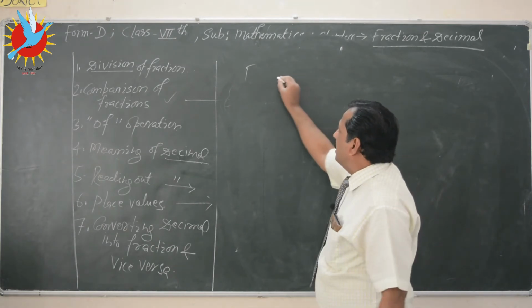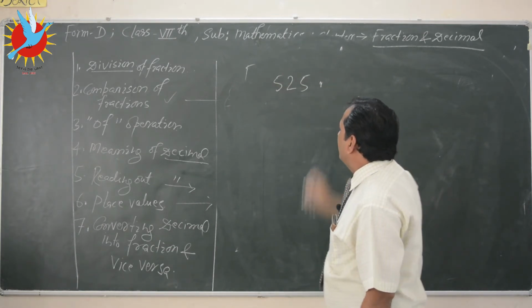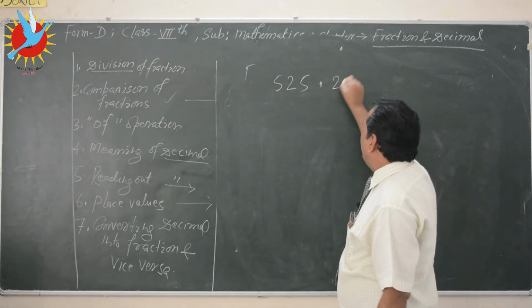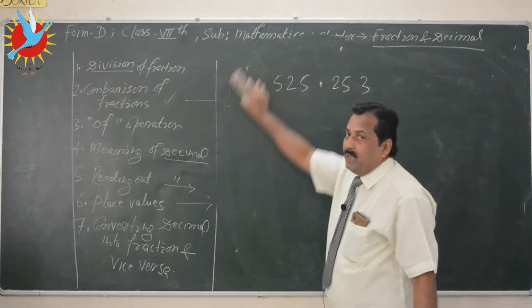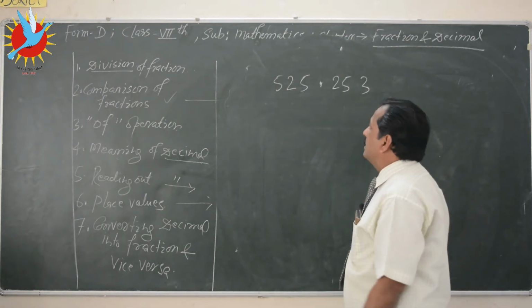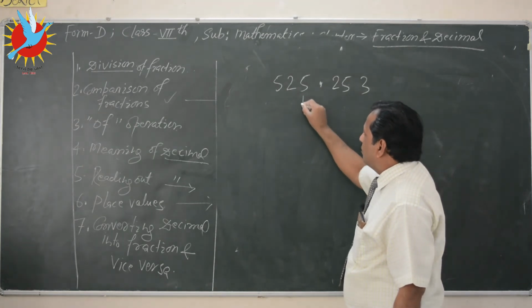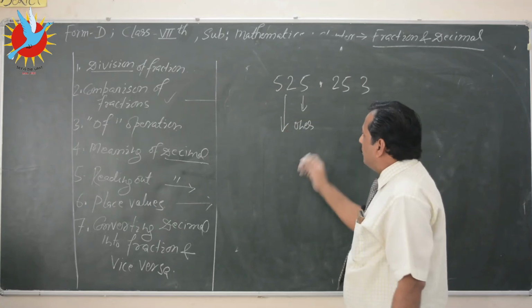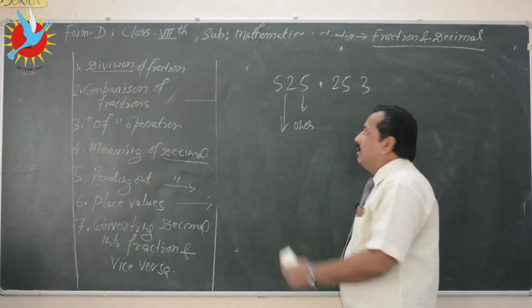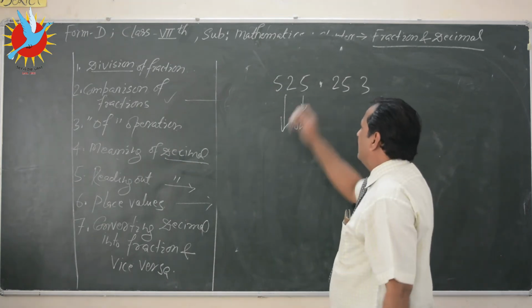There is a decimal number, suppose 525 point 2, 5 and 3. So how to get place value? What is the meaning of this number? See, just like any ordinary number, this is the ones place, and you have to start towards the left-hand side from the decimal point.